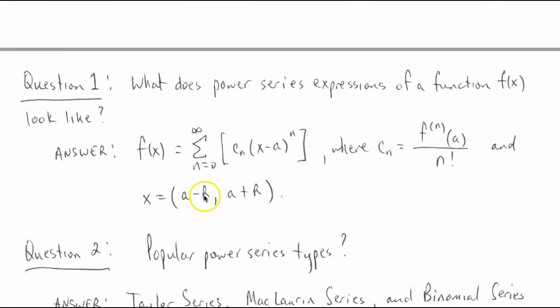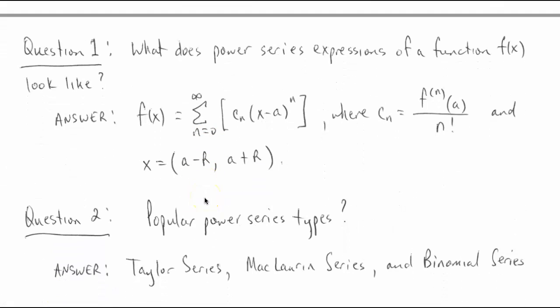So question 1, what does a power series expression of a function look like? Well, we know it just looks like a regular power series where in this case, our power series coefficients are going to be the nth derivative of our function evaluated at a divided by n factorial.